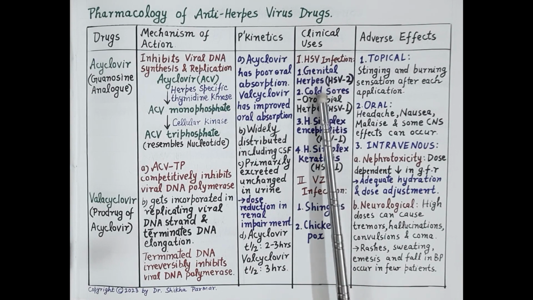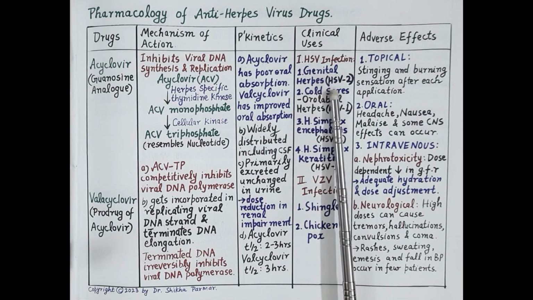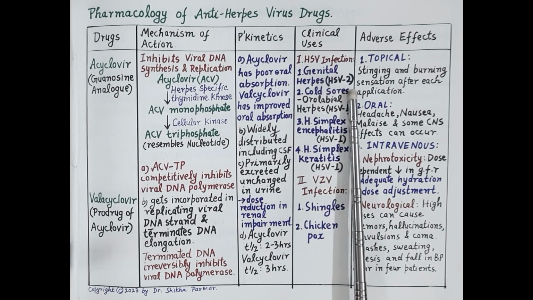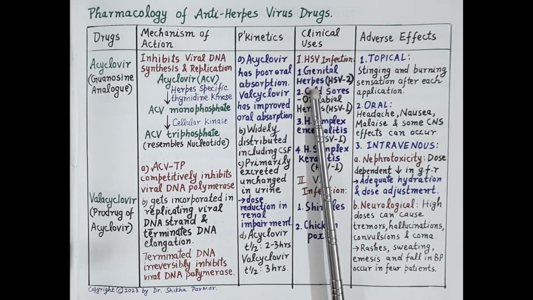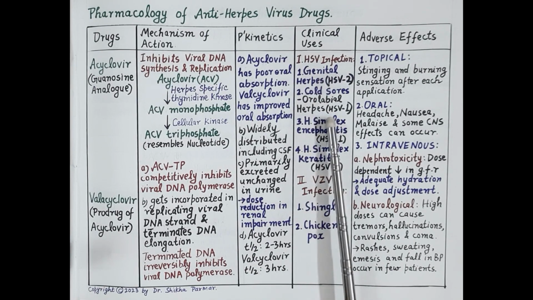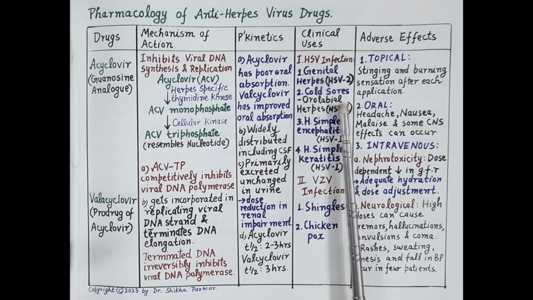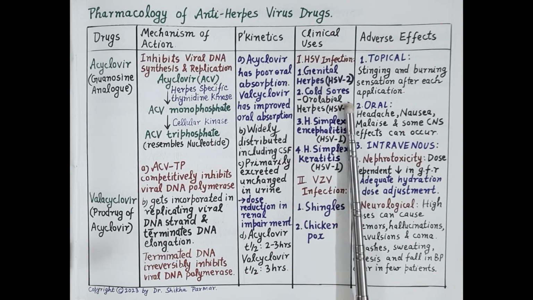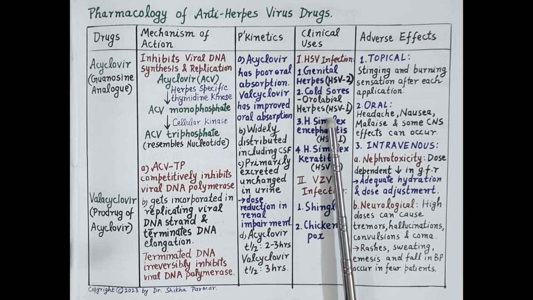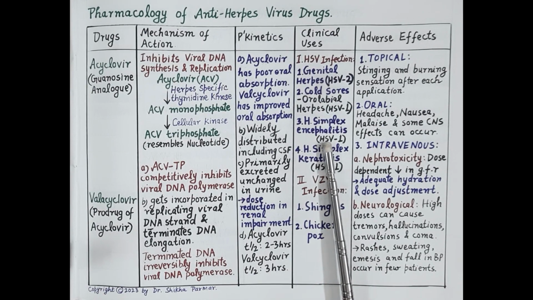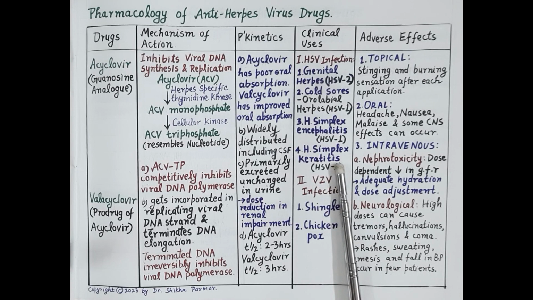As they treat herpes simplex virus 2 infections, they are very effective in the treatment of genital herpes. Then they also treat cold sores. Cold sores are also called fever blisters or orolabial herpes. They are also very effective in the treatment of herpes simplex encephalitis and herpes simplex keratitis, all these infections caused by HSV-1.